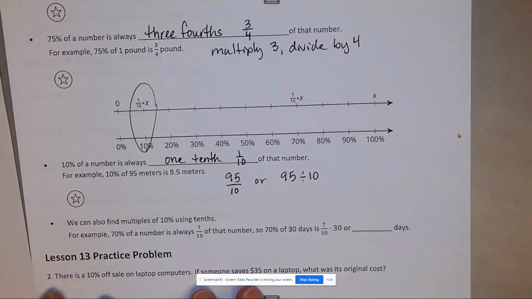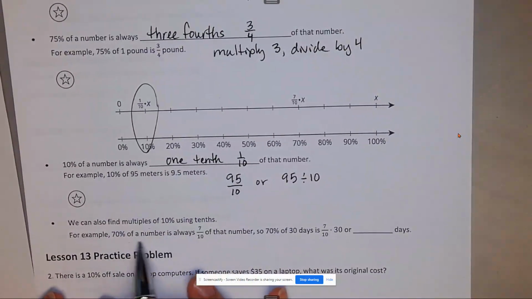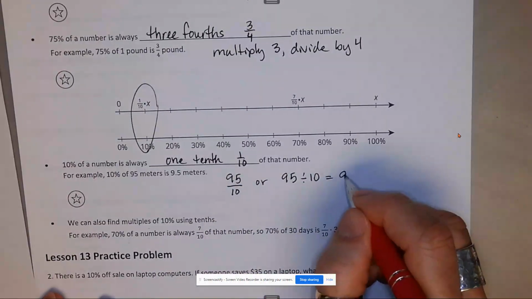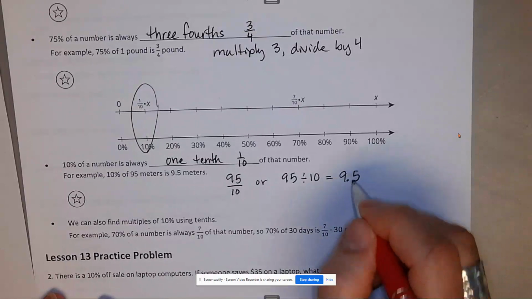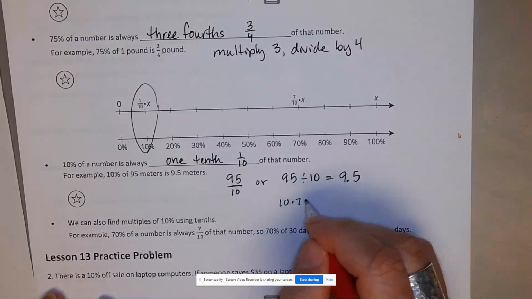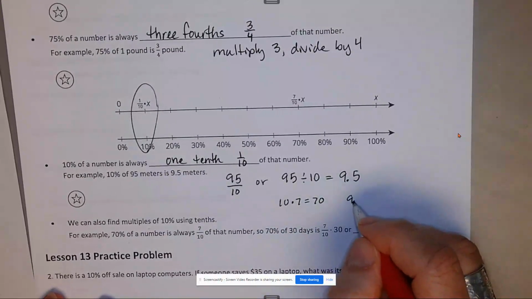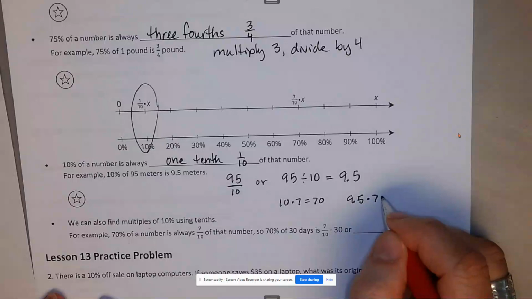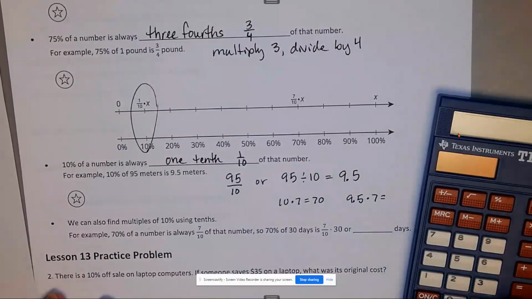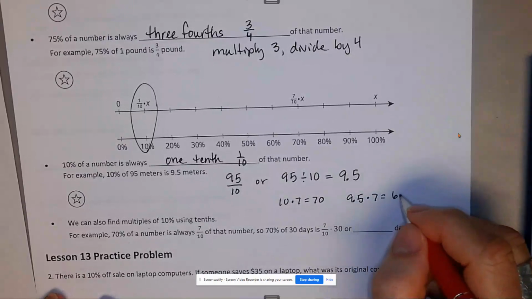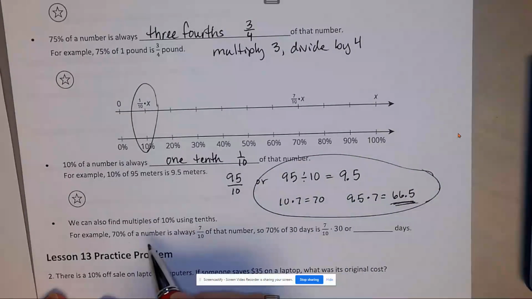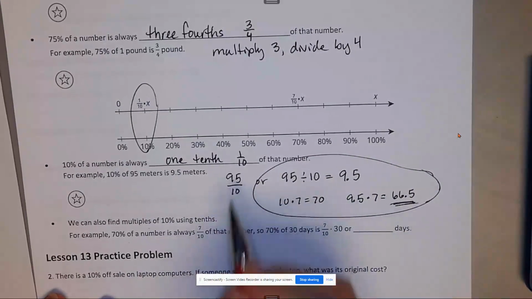You could also, let's see, if you want 70%, if you know your 10%, which we know right here is 9.5. For example, if I wanted this one to be 70%, well, 10 times 7 is 70. So 9.5 times 7 would be 66.5. 66.5 would be 70% of 95.